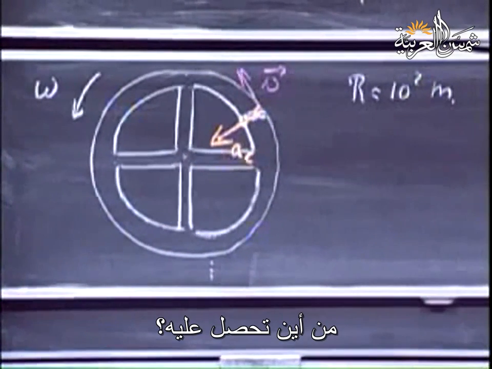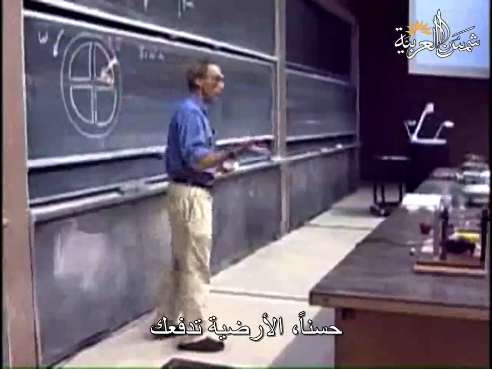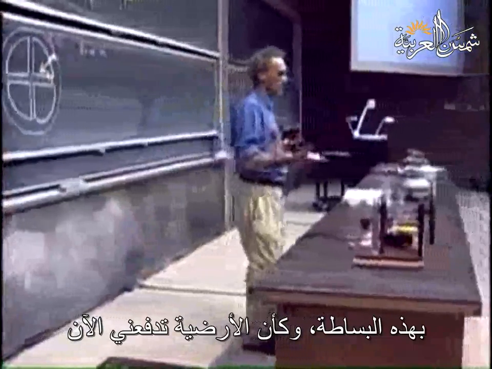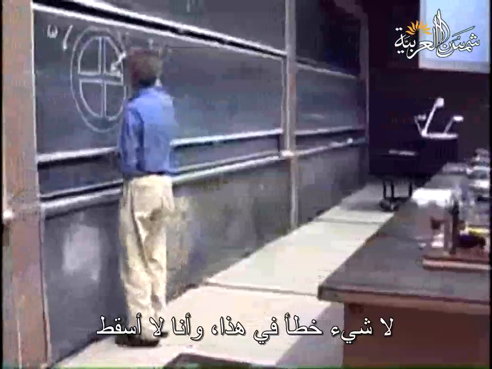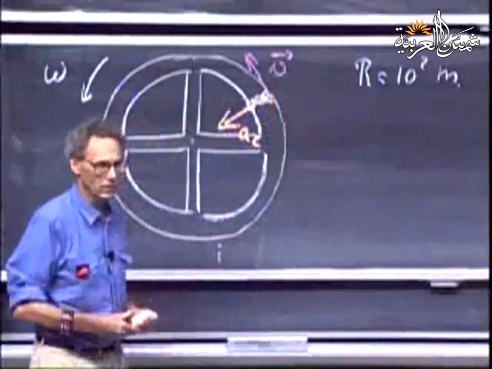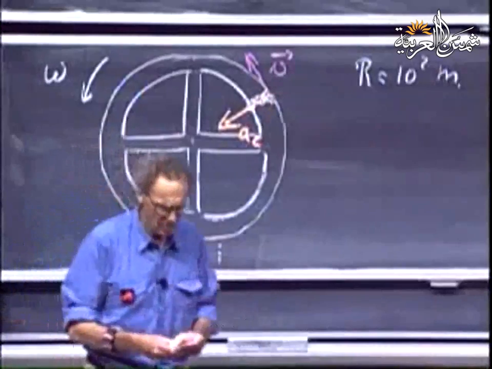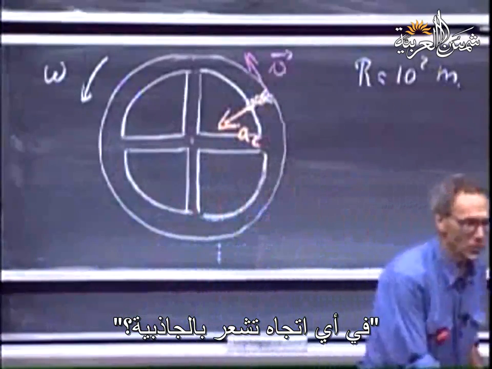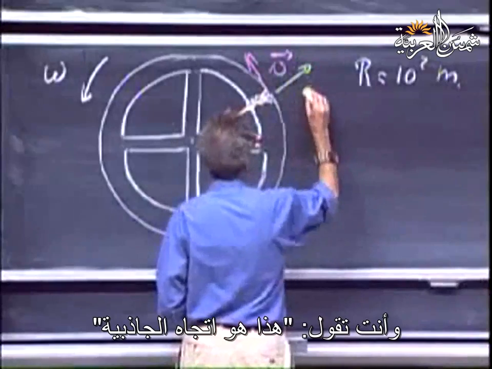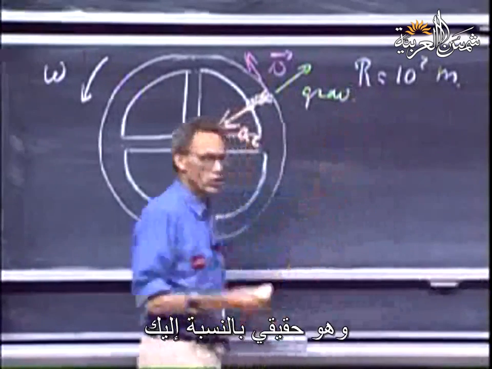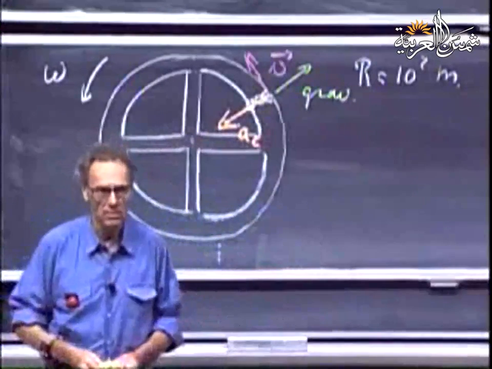Where do you get it from? Well, the floor, this is your floor, is pushing on you. Simple as that. Just like the floor is pushing on me now. This floor is pushing. There's nothing wrong with that. I don't fall over. And so I say to you, in what direction do you perceive gravity? And you say, this is the direction of gravity, which is as real for you as it can be.